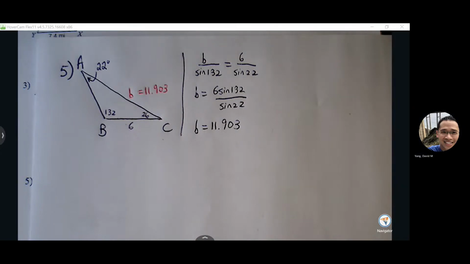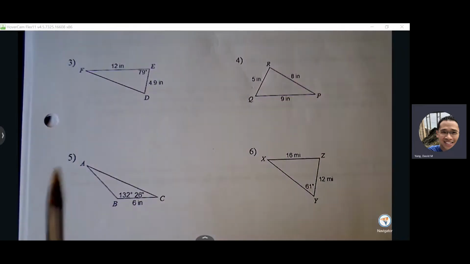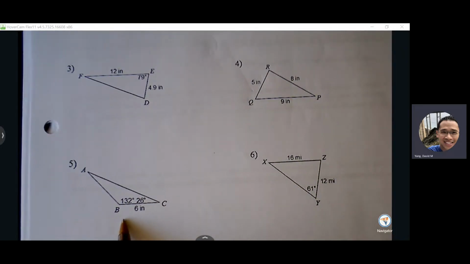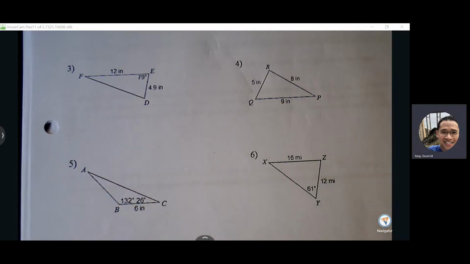Maybe you're using a different formula and it could still be correct. What formula are you using? Oh, I'm just copying whatever I saw here in the problem. Angle B is 132, angle C is 26, so angle A, I just subtract from 180.